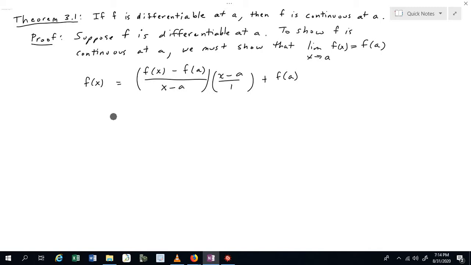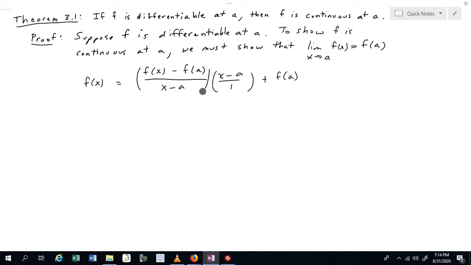Let's see why this is true. Notice the x minus a here and the x minus a here cancel out, and so you're left with f of x minus f of a. Then you add f of a to that, and the f of a's cancel out, and you're simply left with f of x. So f of x is equal to this.